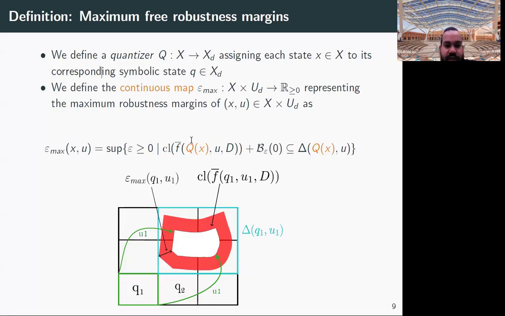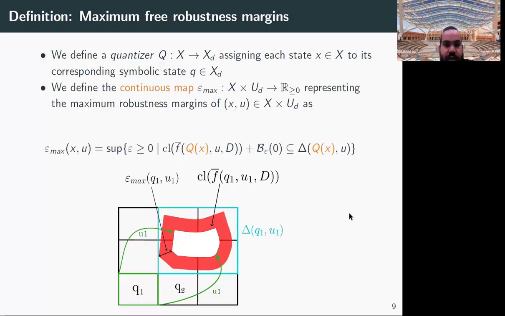This epsilon max is defined by the same definition, but the only difference is that instead of writing X, we write Q of X, which is the symbolic state of X. And the same thing here in the discrete transition relation.